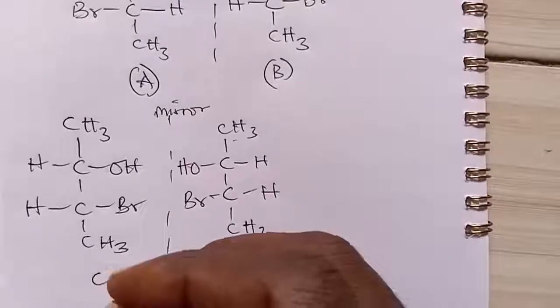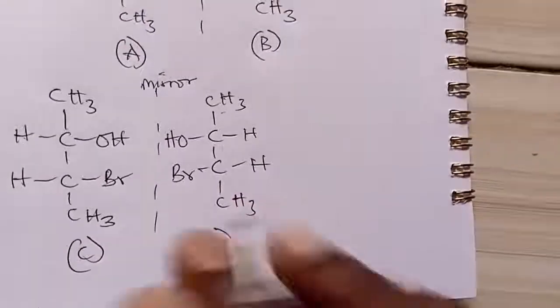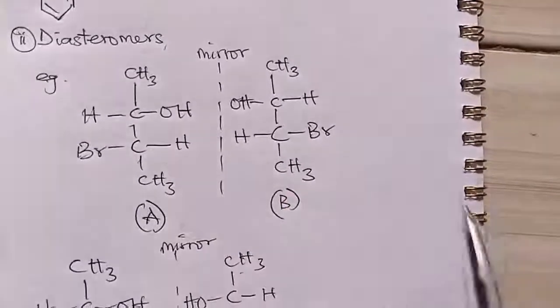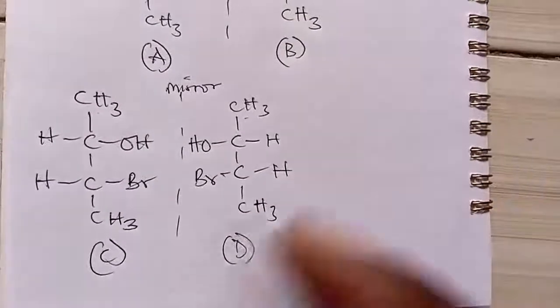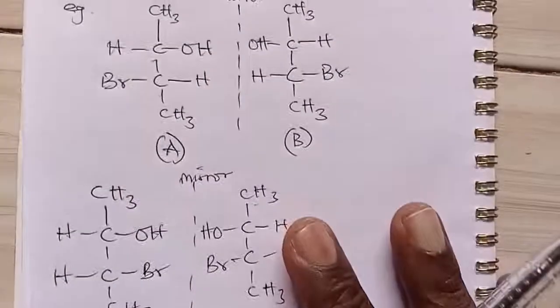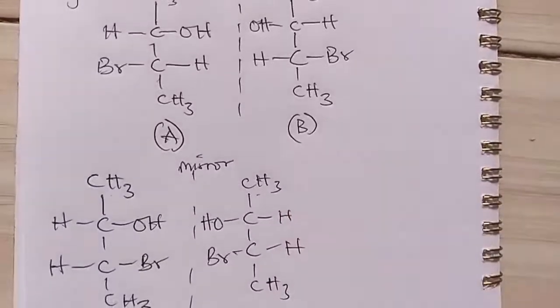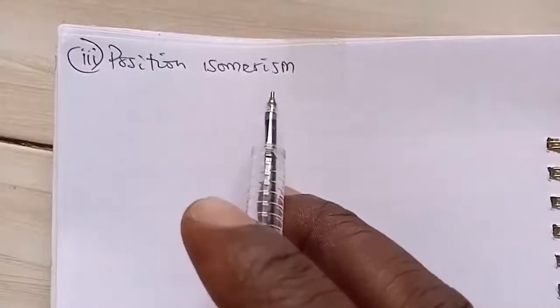If we call this compound C, and call this compound D, you notice that compound A and compound C are neither superimposable nor are they mirror images. So because of that, A and C are called diastereomers.